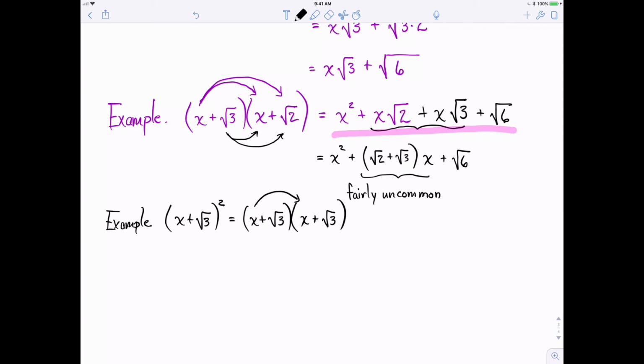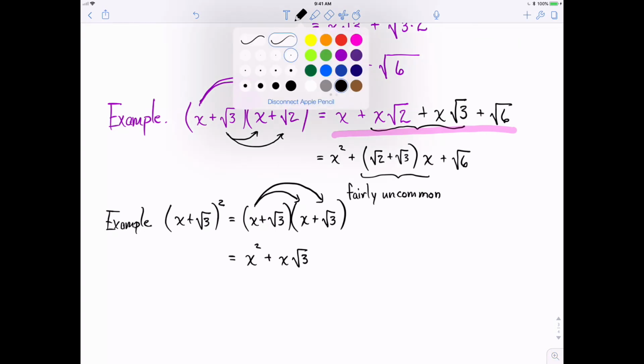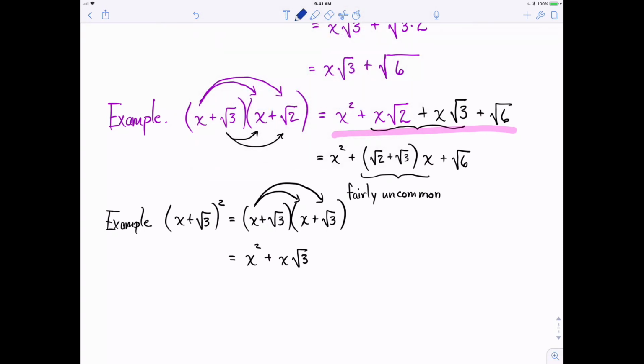We're going to distribute the x. So I'm going to have an x squared plus x times the square root of 3. And then we'll do this in blue. Then we're going to distribute the square root of 3. So we're going to have plus x times the square root of 3 plus, now I'm going to write this very carefully here.